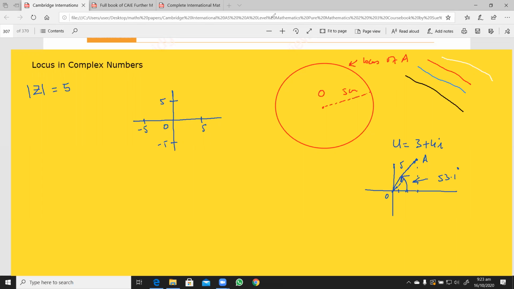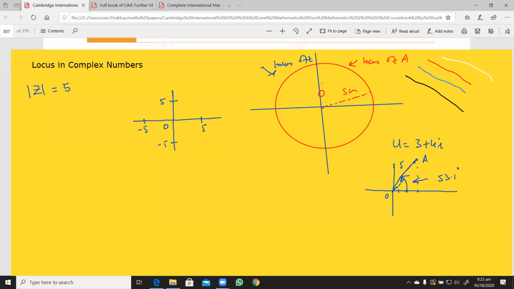So I'm just going to use this diagram here. This is the locus of z. Now go back to your coordinate geometry, where you learned how to write the equation of a circle.